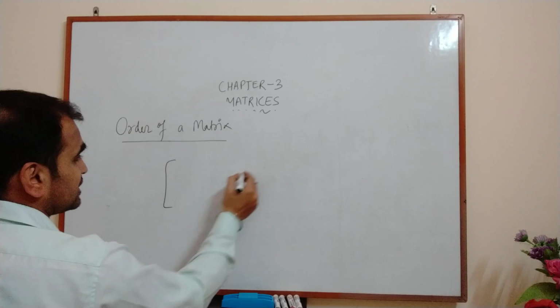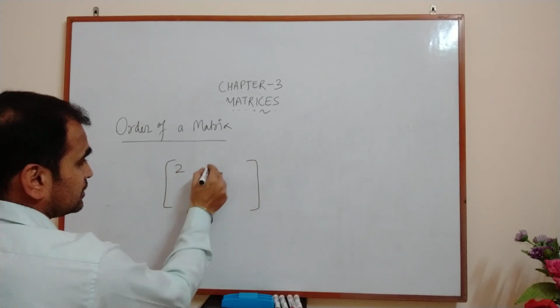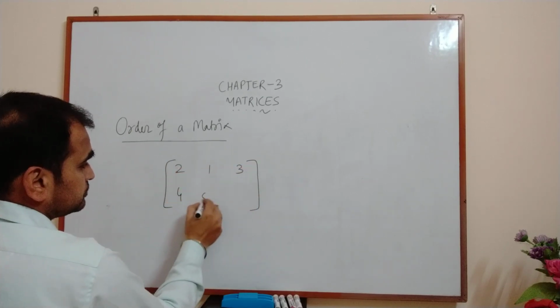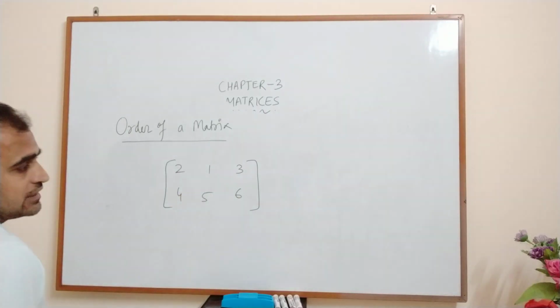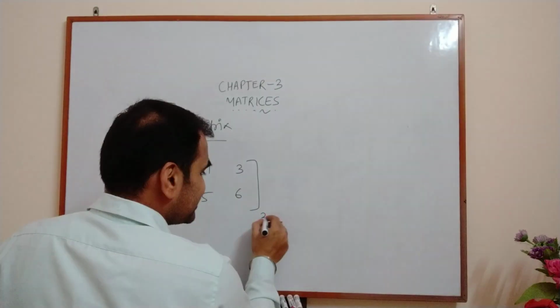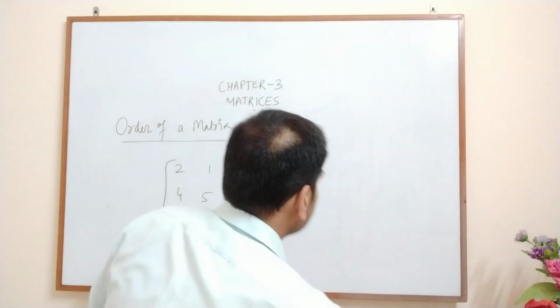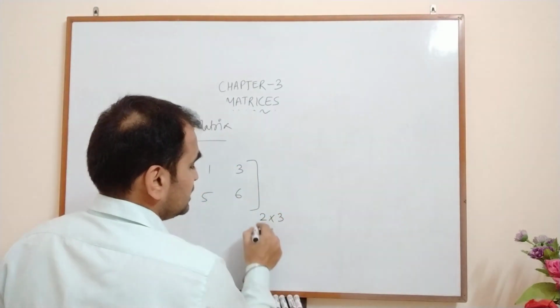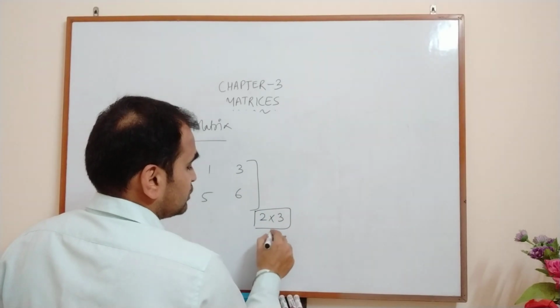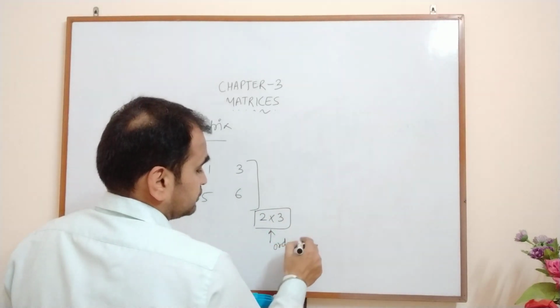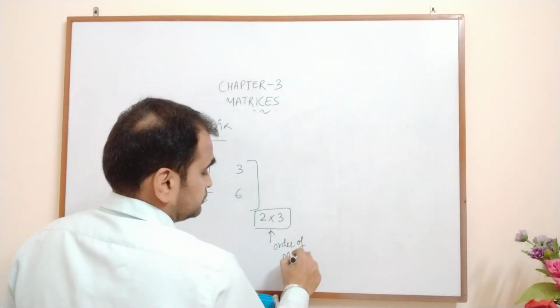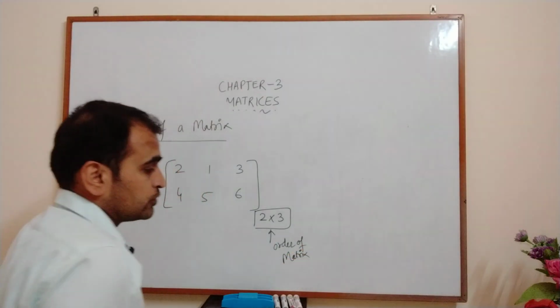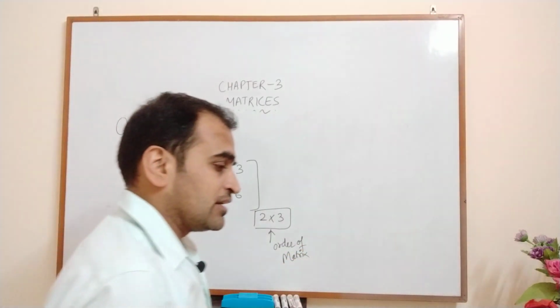Suppose we have a matrix with 2 rows and 3 columns. So we can write the number of rows and the number of columns. Here the number of rows is 2 and the number of columns is 3. So this defines the order of the matrix. Order is nothing but the number of rows and the number of columns.